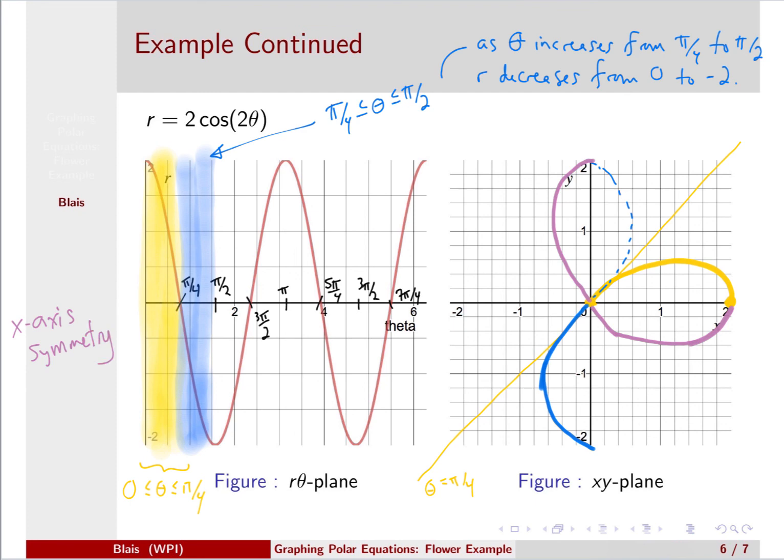But again, we also have y-axis symmetry. So for y-axis symmetry, in orange, we can reflect this blue piece in the third quadrant.